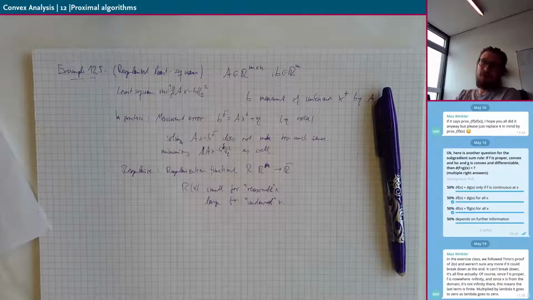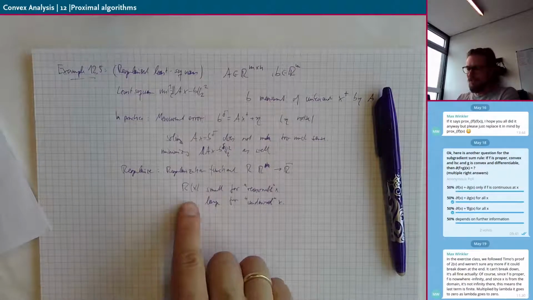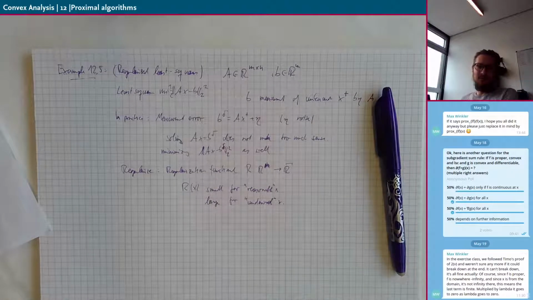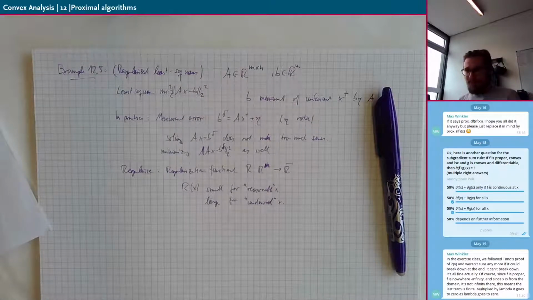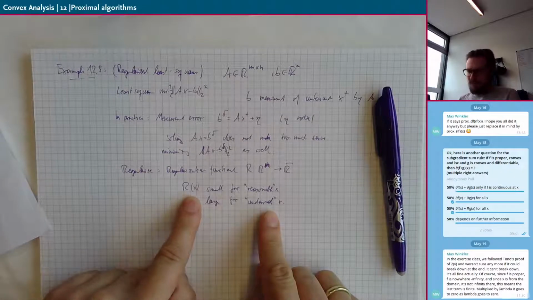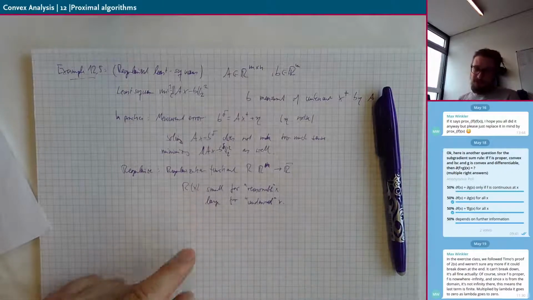The signal has bounded energy, and the larger the energy, the more unreasonable it becomes. This is true for the sound signal I'm emitting here. It does not have zero energy; if I don't speak the energy should be zero, but you probably still hear noise because the laptop is making some noise all the time. But of course, the energy I can emit is bounded, so regularizing with the energy is not a bad idea actually.